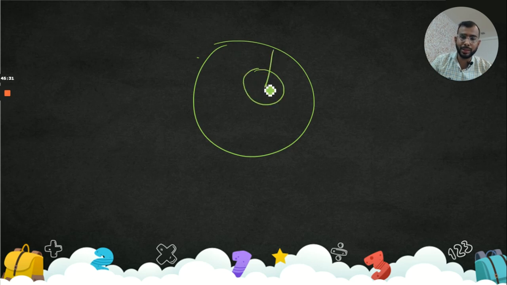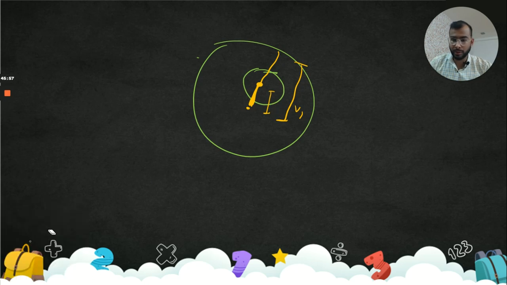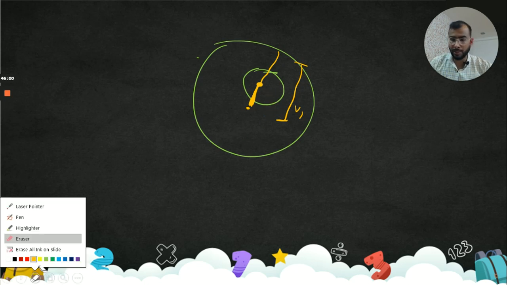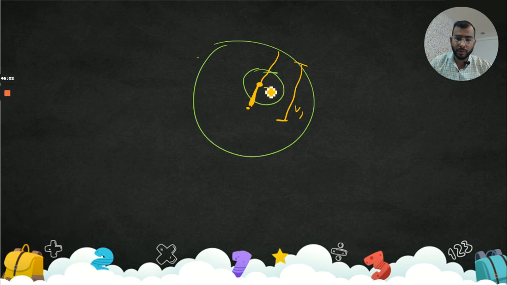Like, consider this is R1 and this is center 1, this is center 2, so this is the distance, this is R1, and this is your only R2, at this point.